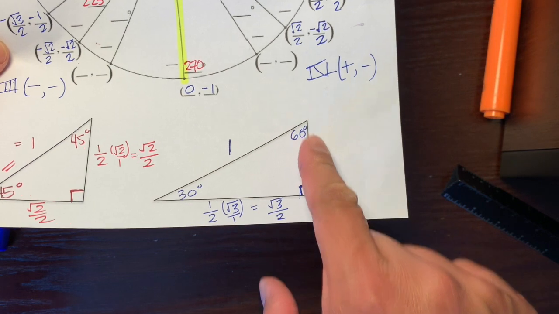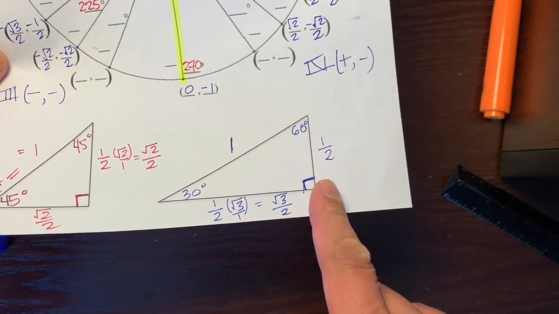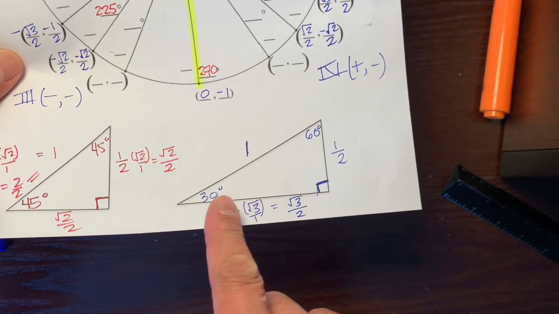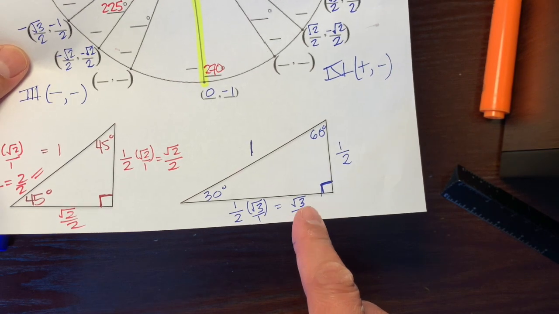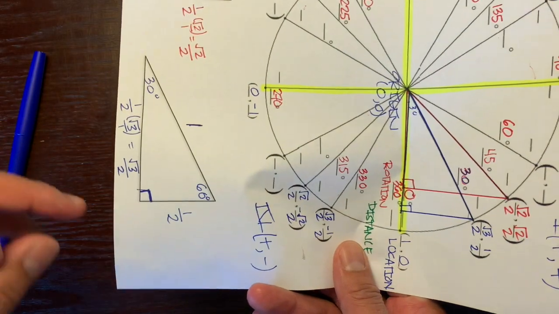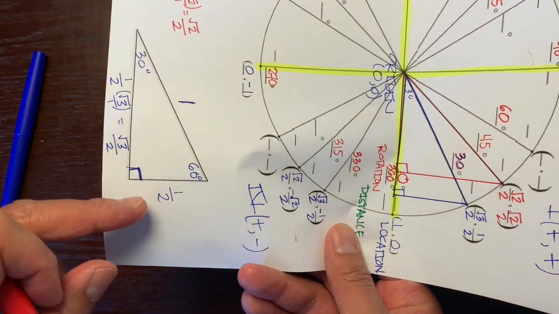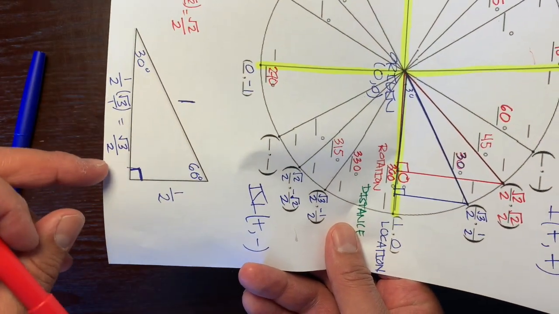The y value, the vertical, is 1/2, and the x value, or the horizontal, is radical 3/2. If we rotated it, the horizontal is 1/2 and the vertical is radical 3/2.